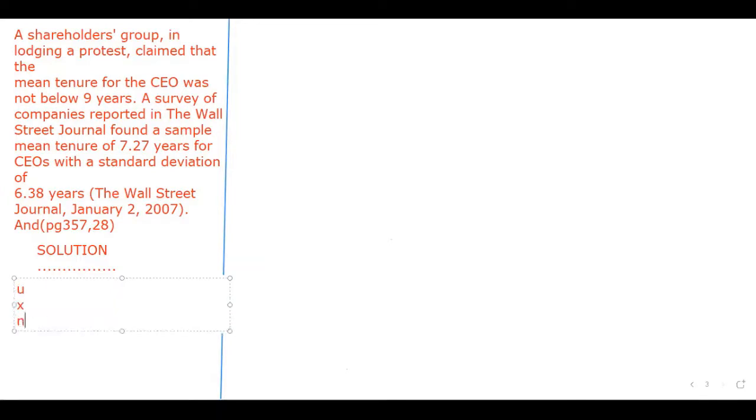A survey of companies reported in the Wall Street Journal found a sample mean tenure of 7.27 years for CEOs with a standard deviation of 6.38 years. The Wall Street Journal, January 2, 2007.